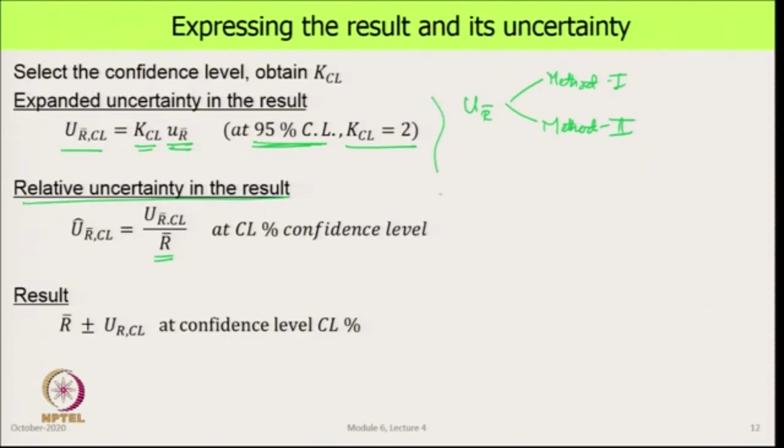Both of these are at a particular confidence level, and finally, we report r bar plus minus u r C L at certain confidence level as in units, or as r bar plus minus u hat r C L percentage at certain confidence level.